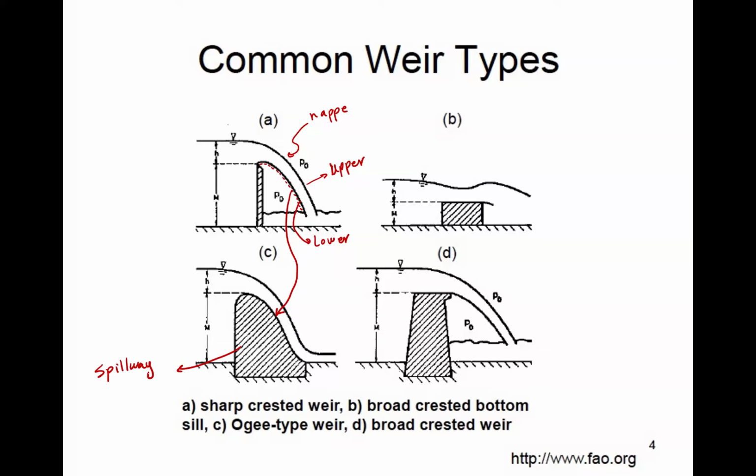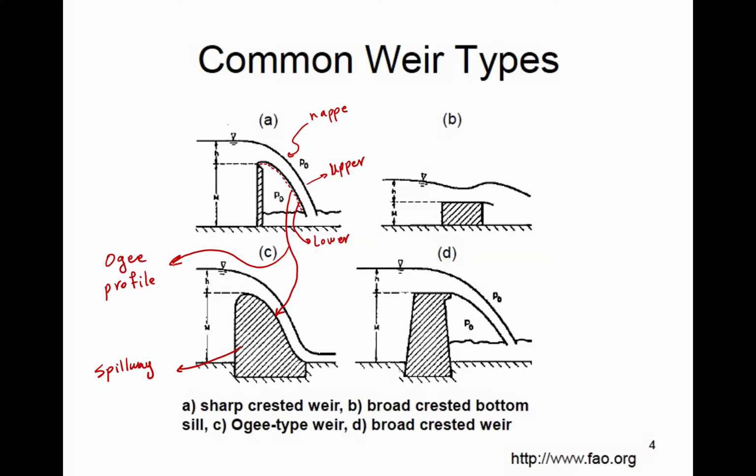This shape is sometimes called the OG profile, so you might hear that term. It's used as a template for the structure, so that the jet, or the nap, or the flow is just sliding over the surface, really. That's all it's doing.